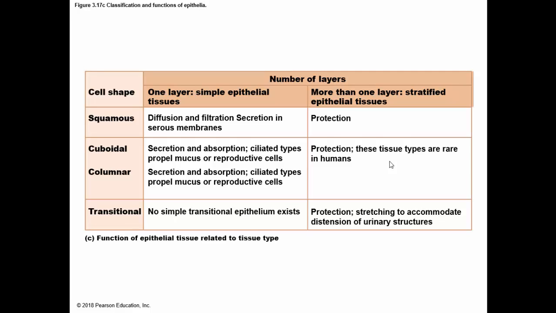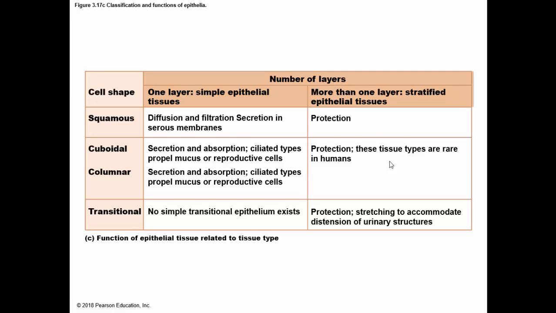Cuboidal, you have secretion, absorption. Think about your intestines, for example. Also with mucus, you might think about the inside of your respiratory tract, up in your sinuses, down through the connection to your throat, down to your esophagus.